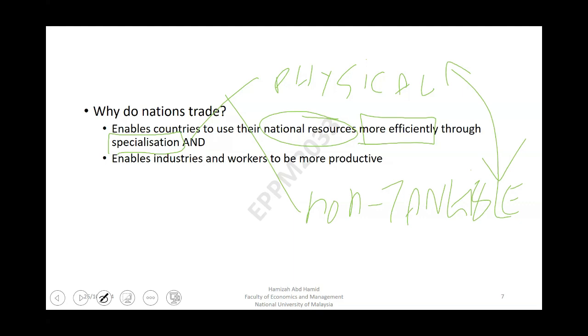Some countries are blessed with fertile lands. Some countries are blessed with minerals and resources. Some countries are just so large and they can house a lot of population, and this will provide a location, provide a context setting for non-tangible resources.